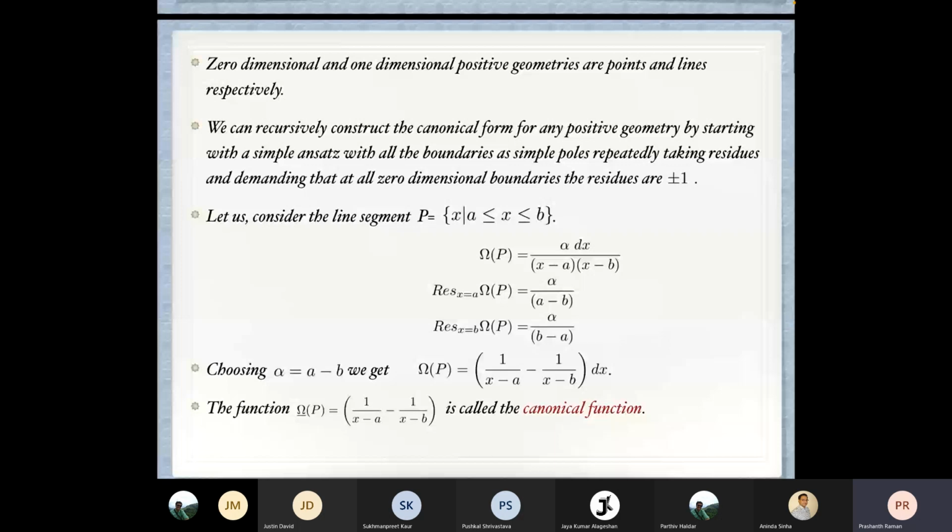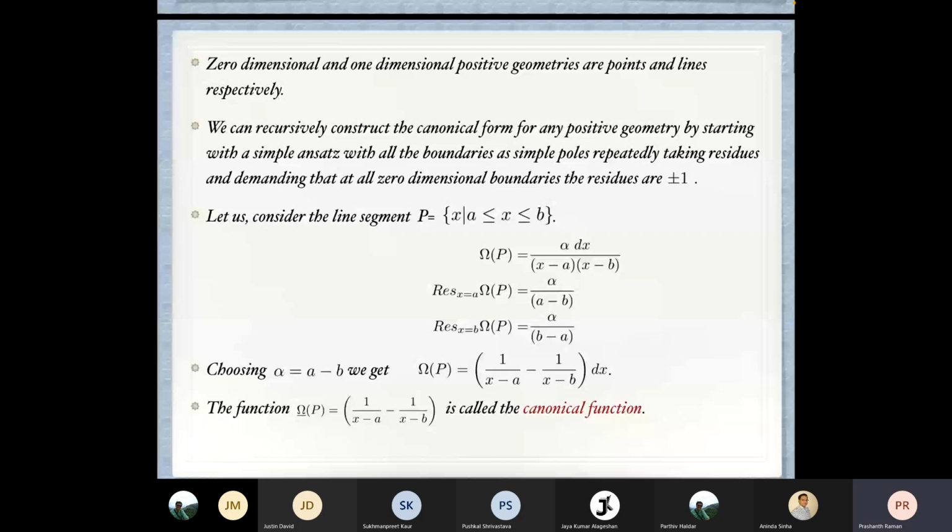So let's look at an example. Let's consider a line segment x between A and B. So the ansatz is, it should have poles when x is A and x is B, and I can put a constant alpha. The one form, so it's dx. Now I can take residues, right?